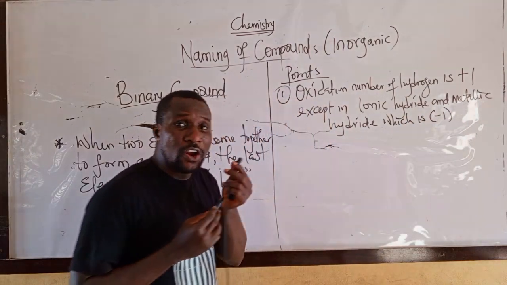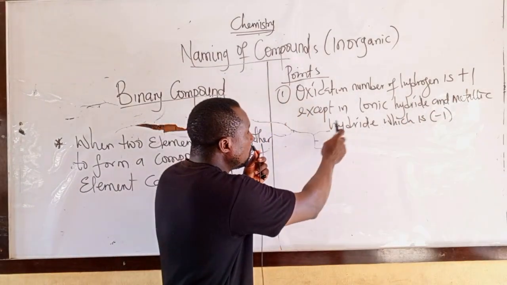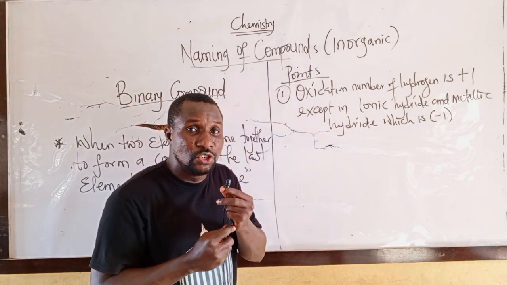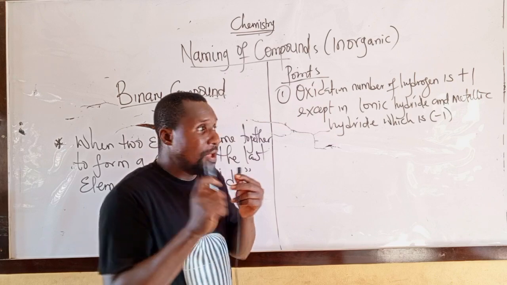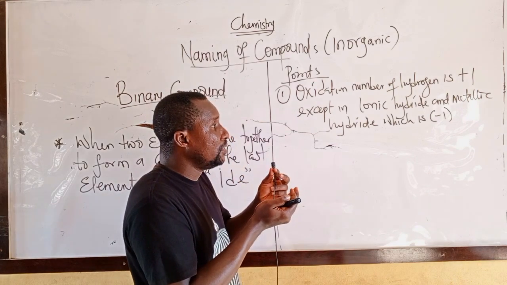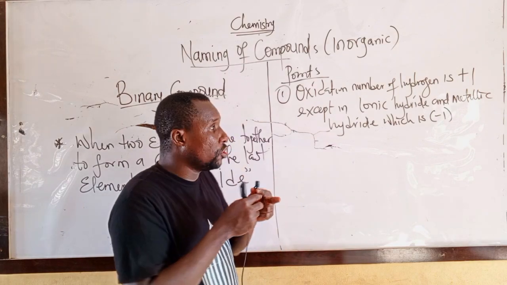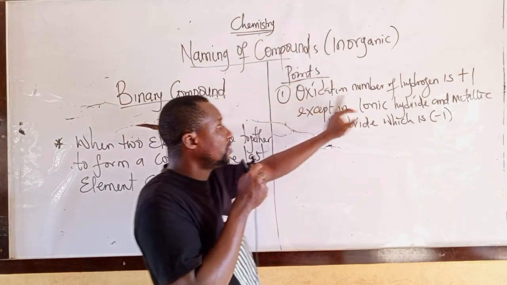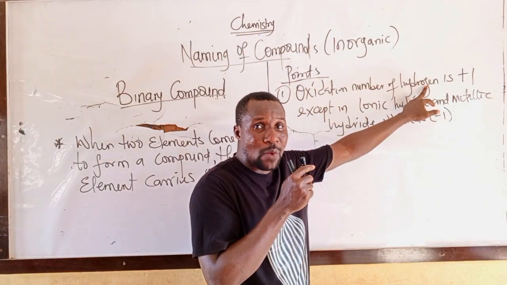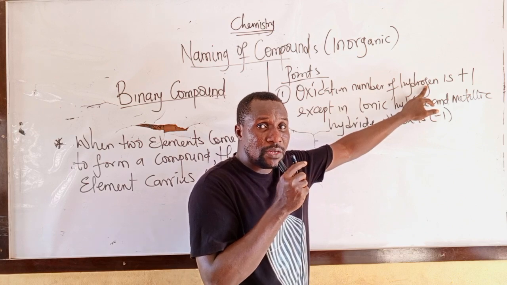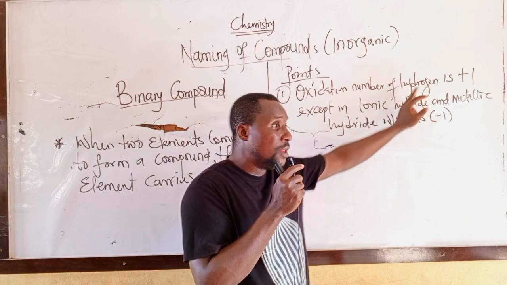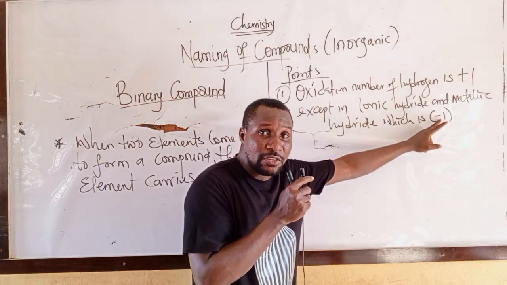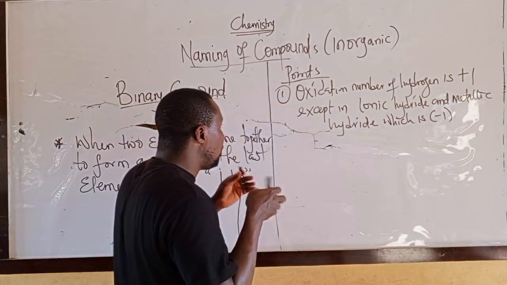That means in all other compounds, the oxidation number of hydrogen is +1. But in ionic hydride and metallic hydride, the oxidation number of hydrogen is -1. Take note of that point.